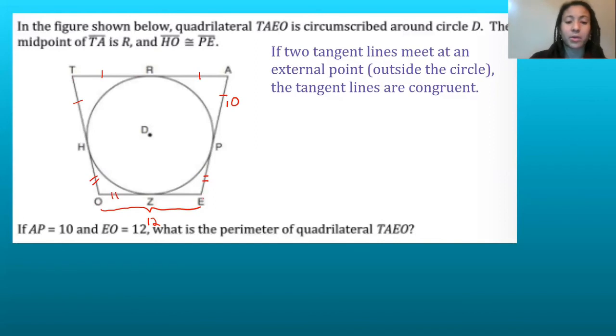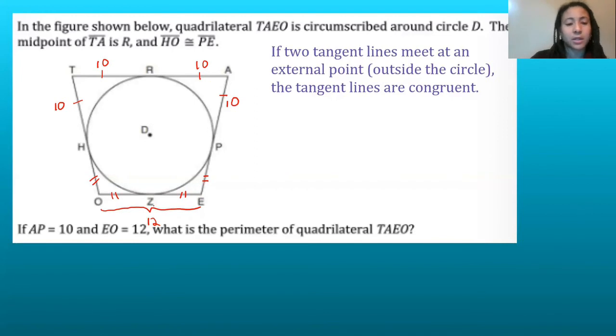And if I'm looking at external point E, EP should be congruent to EZ. Now let's fill in a few things. We know this is 10, so this must be 10 here, this must be 10 here, and this must be 10 here, because they all have the same marking.